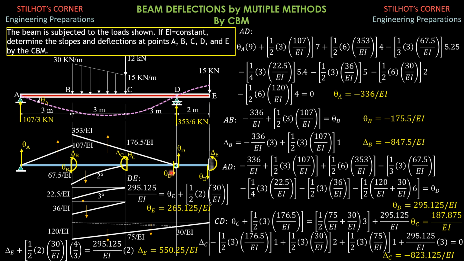So solving for theta D is 295.125 over EI, just like before.